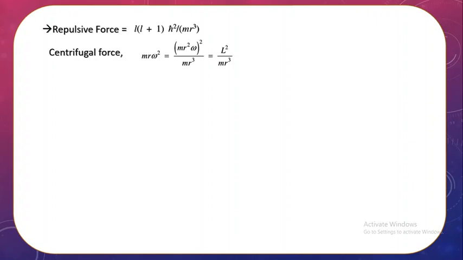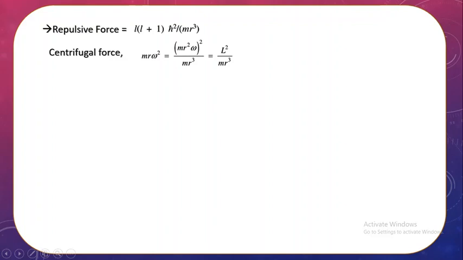So centrifugal force is nothing but m r omega square, and if you want to convert it in terms of the above, that is m r square into omega whole square divided by m r cube. So what we have done here is just multiplied and divided by m r cube.